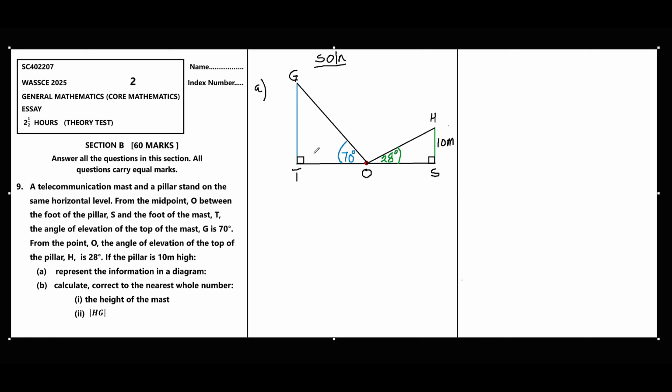It means that the distance from T to O and the distance from O to S will always be the same. So I am naming the distance from T to O as D, and the distance from O to S also as D, because they will always have the same measure.